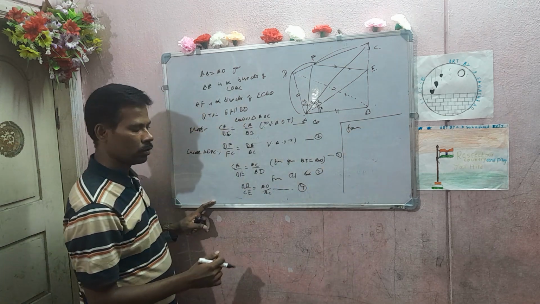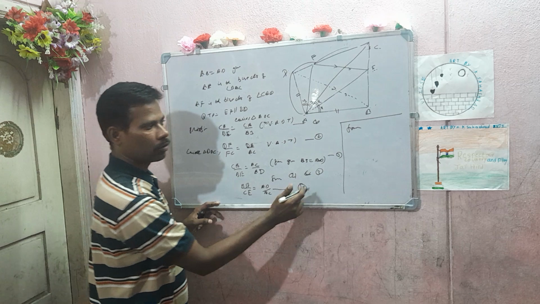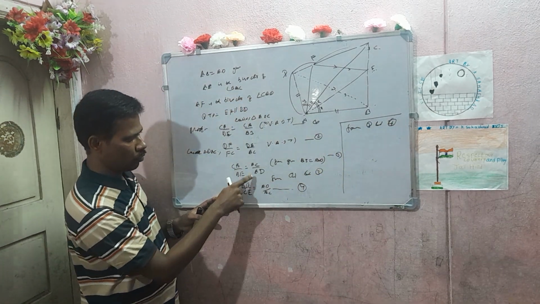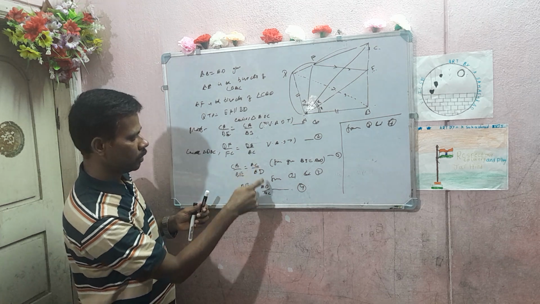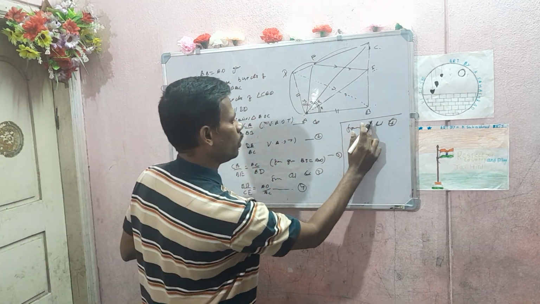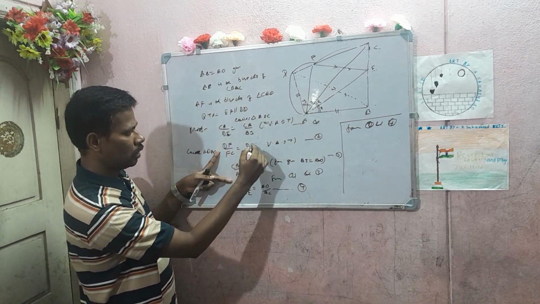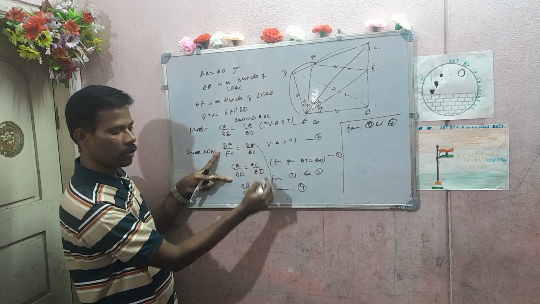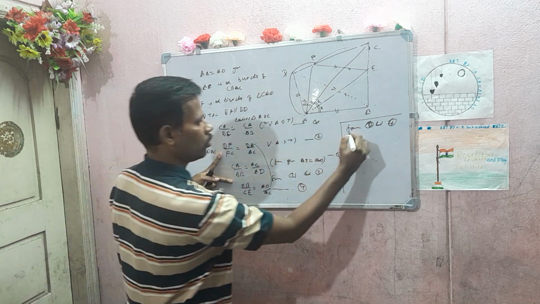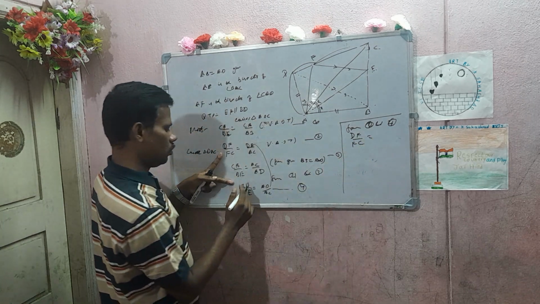So now, from 3 and 4. What is given? Not from 3 and 4, from 2 and 4. Compare this. DA or AD makes the same, AC. So that means you have to equate these two. DF by FC is equal to BE by CE.